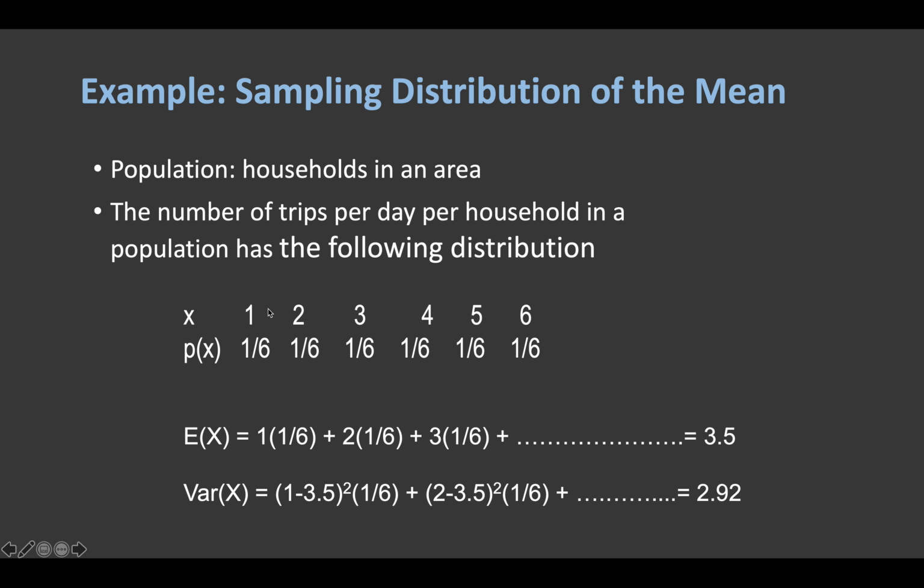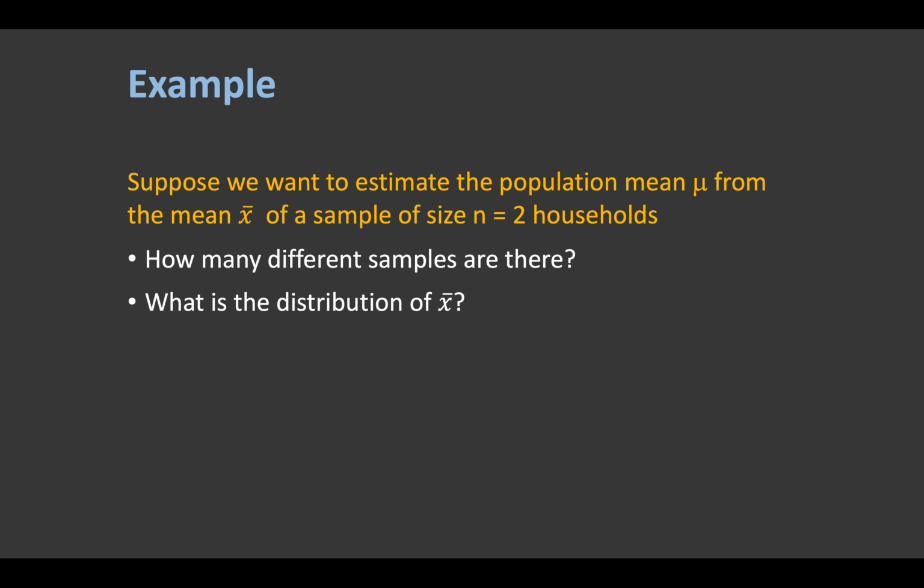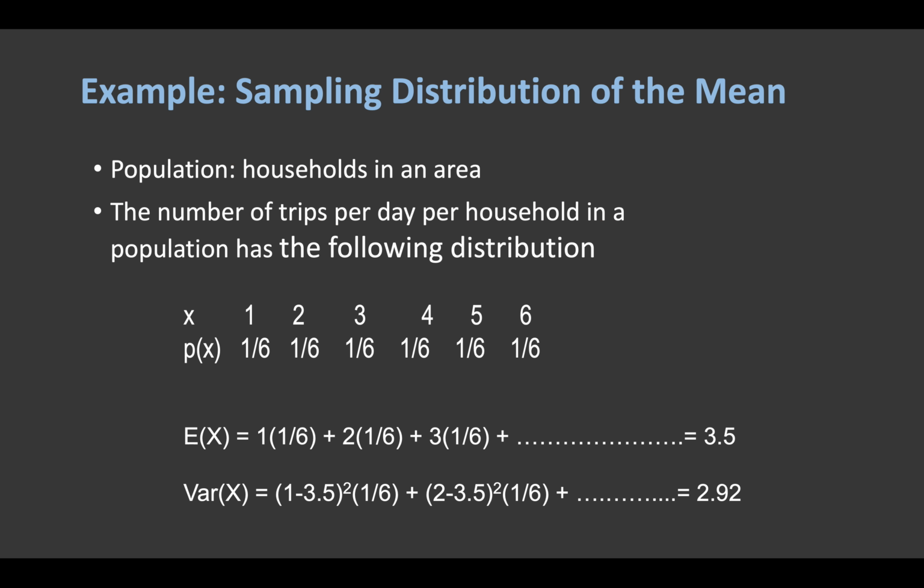But here, the probability for all the 6 cases are exactly the same. You can say it's a uniform distribution, although it's a discrete random variable. But they're uniform. All the probabilities are the same. However, it doesn't really matter. Basically, the theorem is saying it really doesn't matter what the original distribution is.